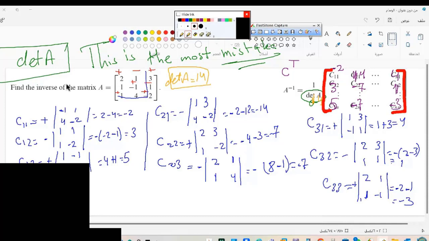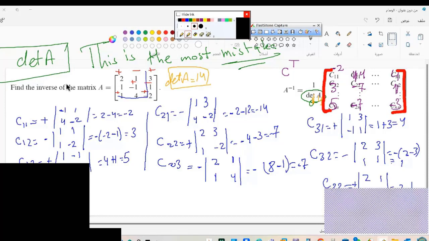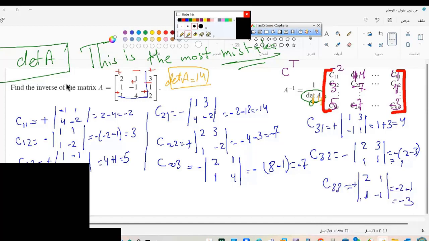After that, we write the transpose, C transpose. After that you have 1 over 14 times C transpose. You can enter this into every entry, or you can keep it outside. Up to you.